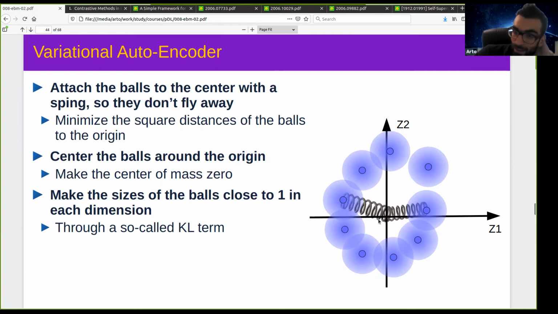In this way, the model can deviate from the standard distribution only in cases when it is useful for reconstruction.